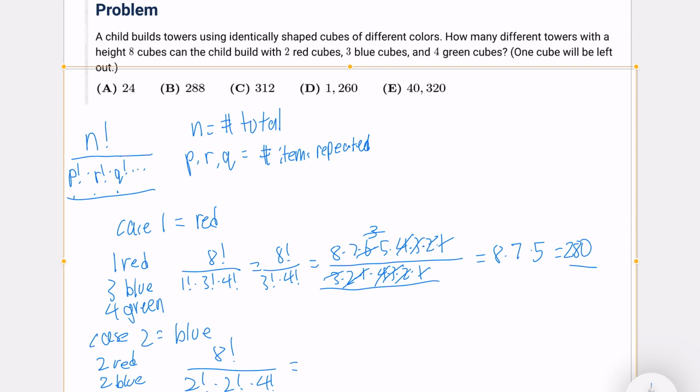And then we can use the same method as we did in the previous case and cancel out some of the numbers to make it simpler to solve the problem.